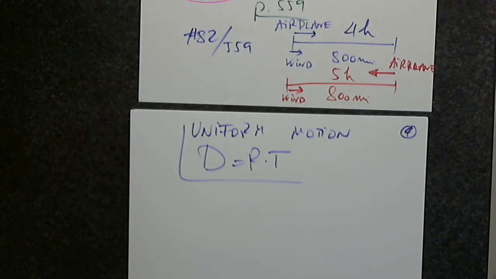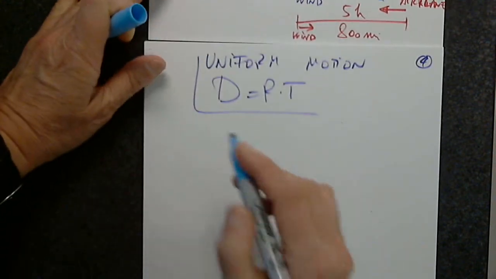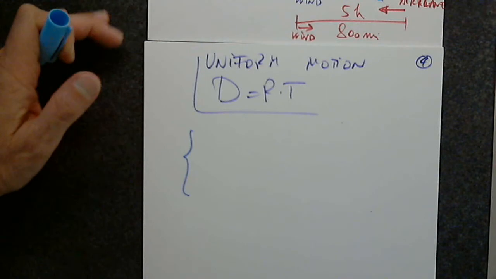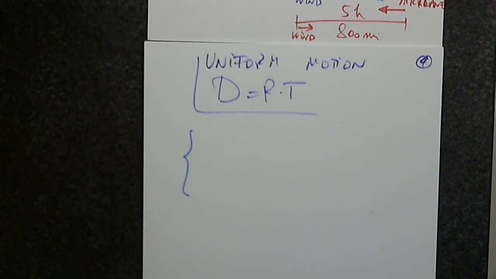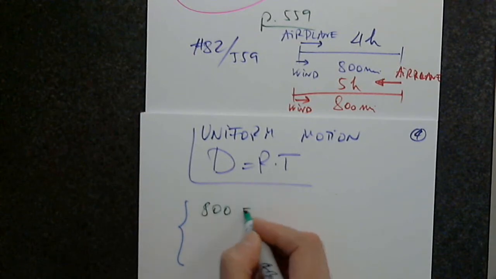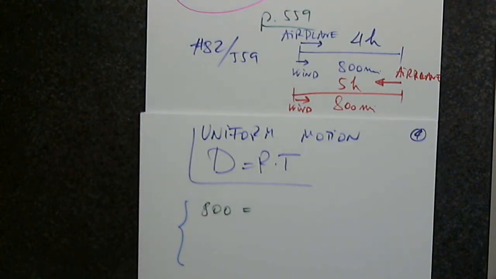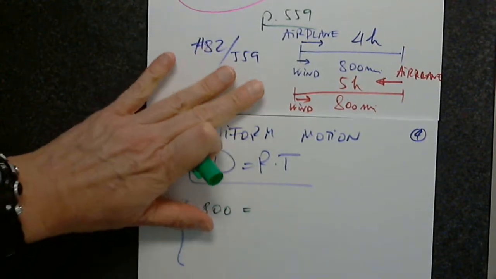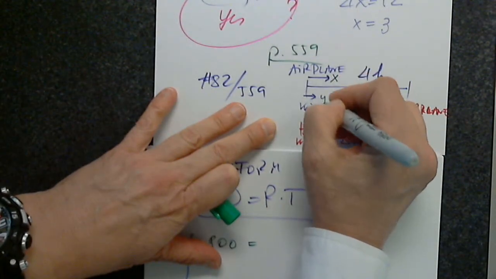So how many variables do we have to find? 2. Very good. Which means you are going to come up with 2 equations. 2 variables, 2 equations. So let's write an equation for the first scenario. And we are using distance equals rate times time. So what is the distance? Let's start from the left. Distance is? Perfect. But now let's think about the speed. So let's give them some names. I'm going to call this one x and this one y.